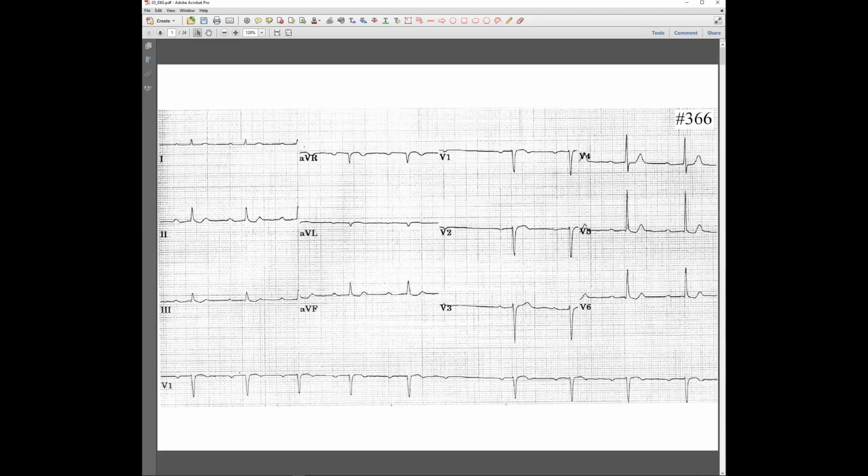Or R alone in V5 should be bigger than 25 millimeters, but is not. So in this case, we do not have any hypertrophy. Okay, so this is the diagnosis. We do have a second degree AV block Mobitz type 1, sinus rhythm, and possibly we do have an inferior subendocardial ischemia. Okay.